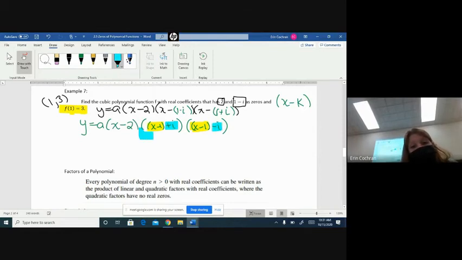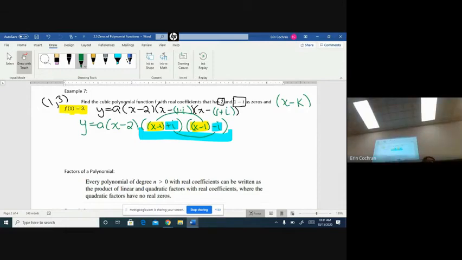Aren't these things conjugates of each other? Since that first term is the same, and then that last term, they're opposites of each other? Yeah. So when I go to actually multiply this out, I'm just going to multiply my first terms and my last terms. I don't have to FOIL that whole thing out, do I? I just have to multiply the first terms and the last terms.